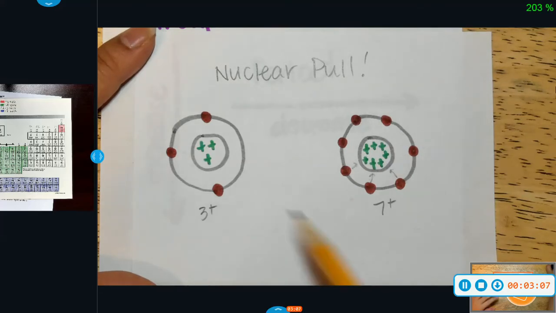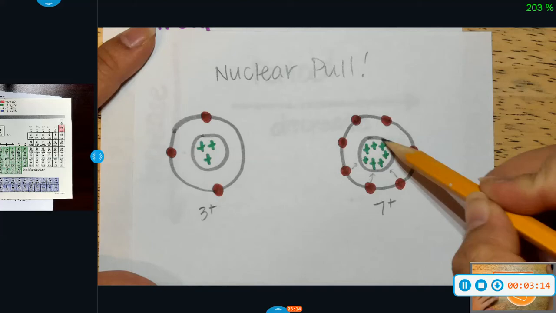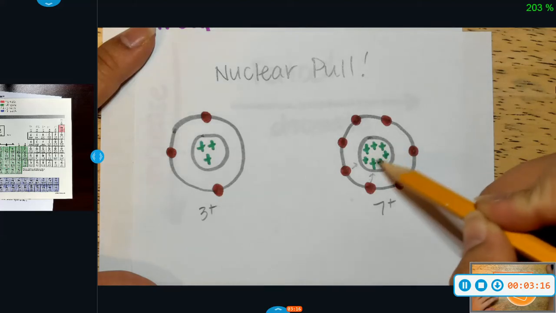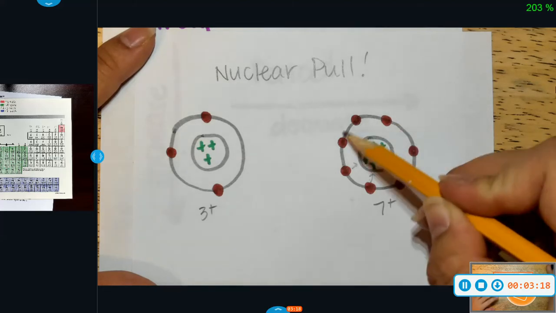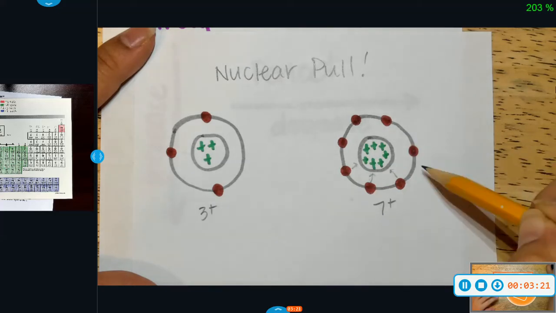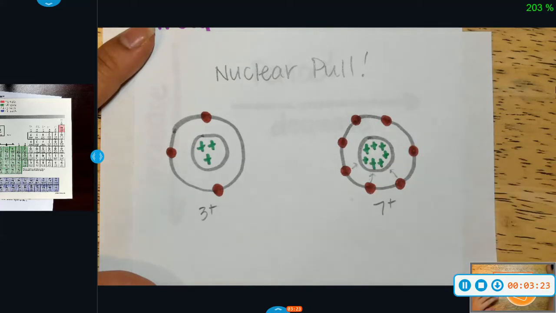That's why as we move across the period, our atoms get smaller: the nucleus is getting stronger and is able to pull the electrons closer.